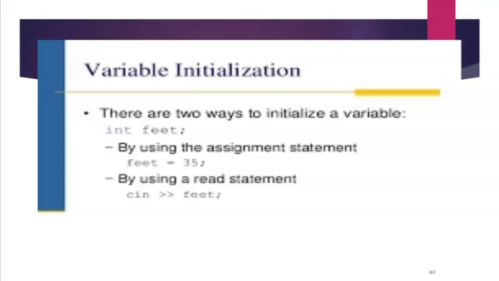For example, A is equal to 10, B is equal to 20, C is equal to 30, semicolon. The 10 is held by A, 20 by B, and 30 by C. This process we know as initialization of variables.